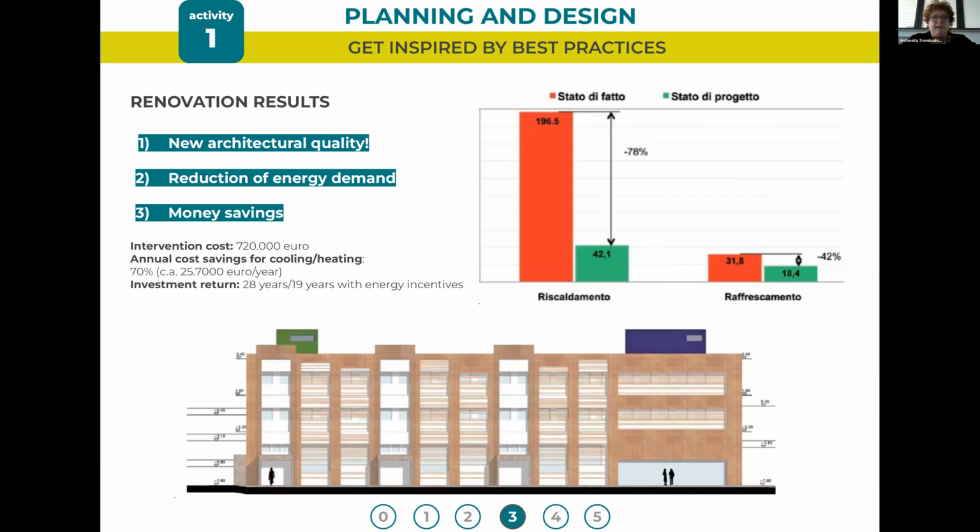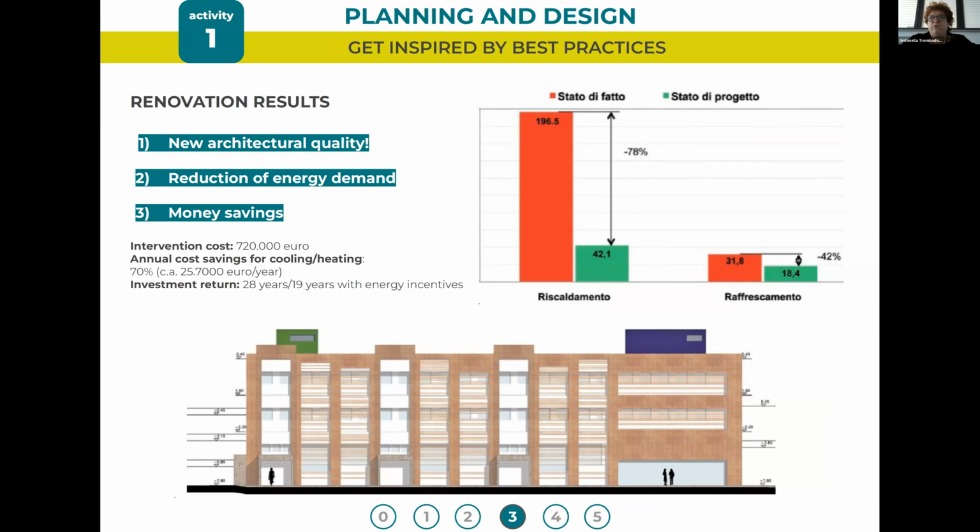Another aspect is, as I mentioned, the new architectural quality, of course the reduction of energy demand, but overall the money saving, not because the strategies are very cheap, but because the costs are really spent in a good way.